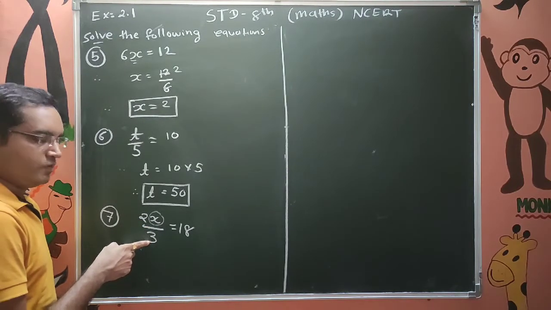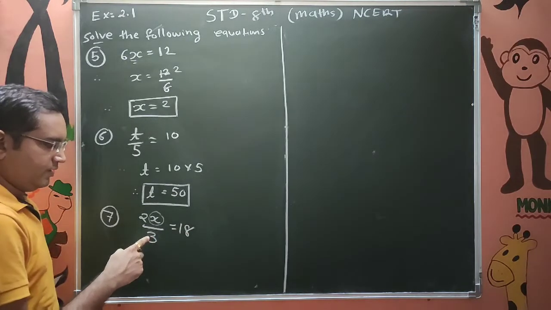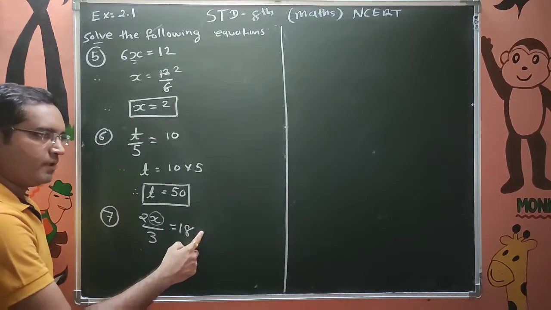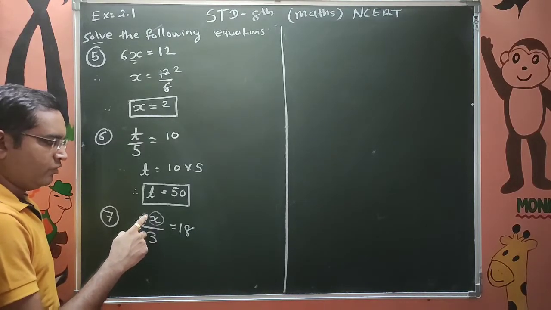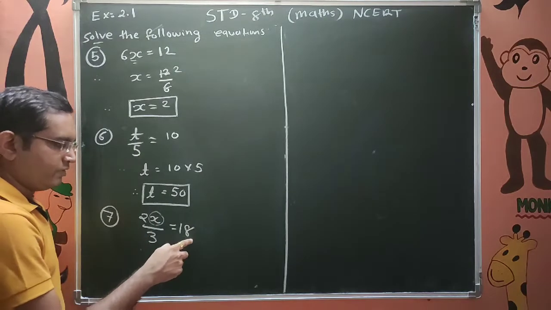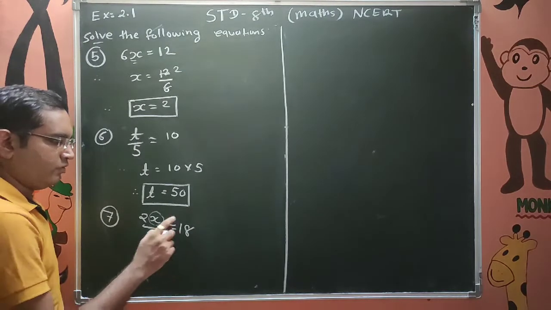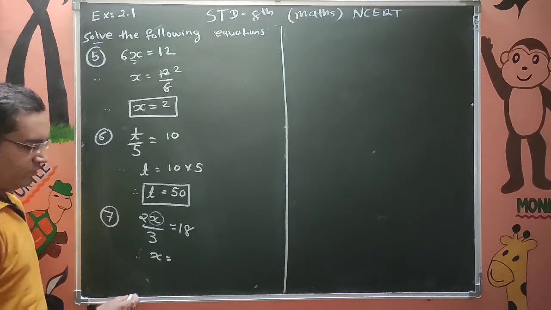So what you have to do, you have to keep this 3 in multiplication with this 18. This 3 will go to the right hand side, and it will come in multiplication, and this 2 is in multiplication with this x, so it will go into the division. Multiplication will convert into division, and division will convert into multiplication.